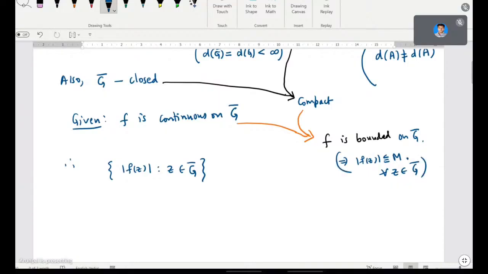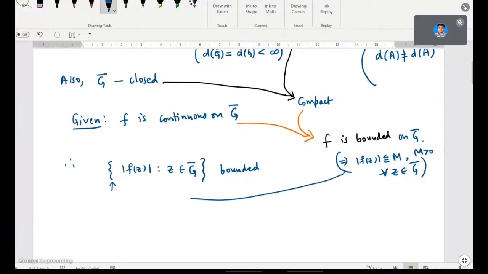This M is certainly positive. Bounded means this. So it means, class, this set is bounded.